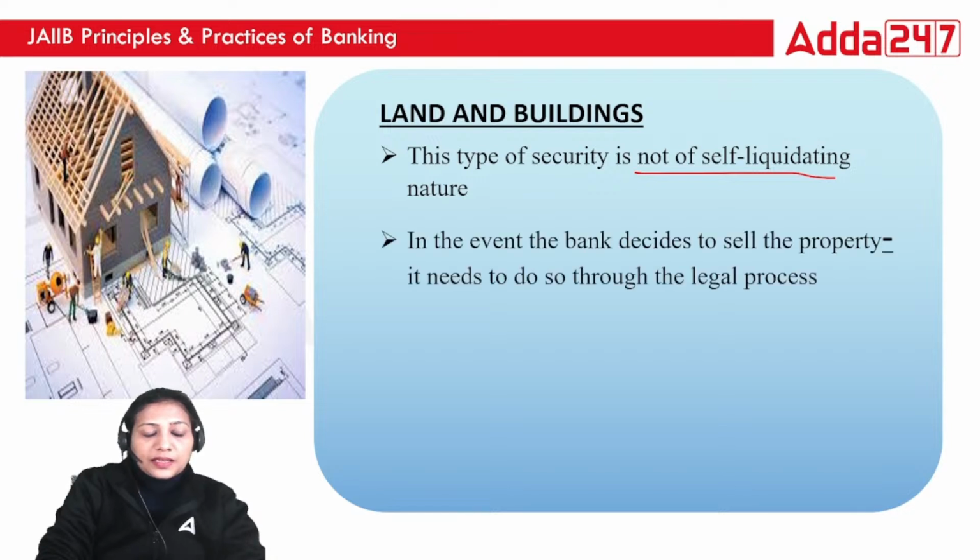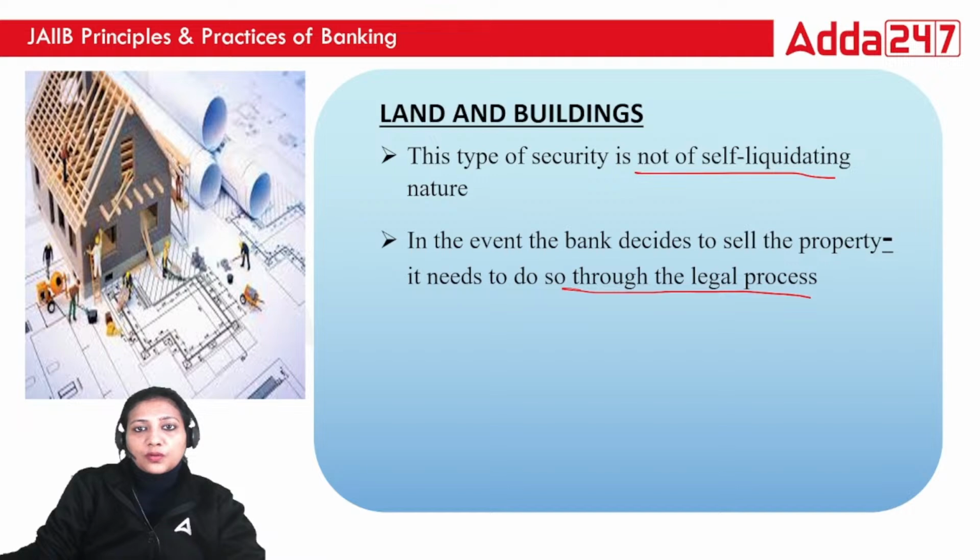Next is, in the event the bank decides to sell property, it needs to do so through the legal process. So in most of the cases, we have to take the legal course. In some of the cases, like the SARFAESI Act, we don't need to go through the legal process. There is no intervention of the court, although the legal process has to be maintained.